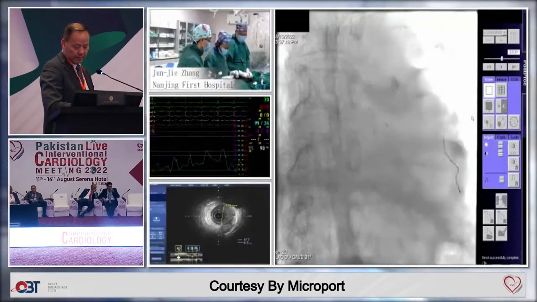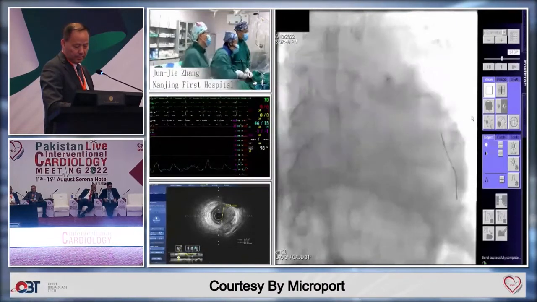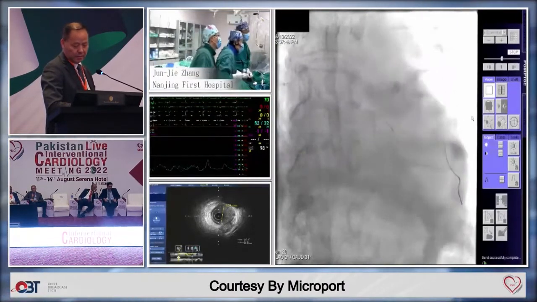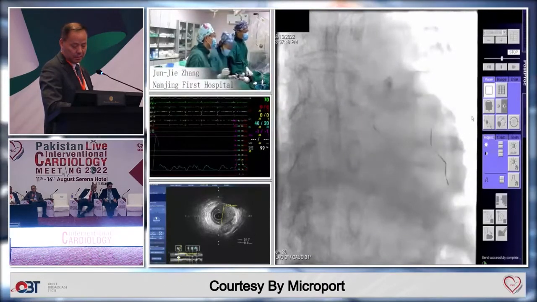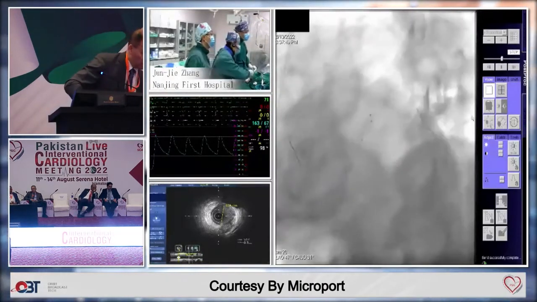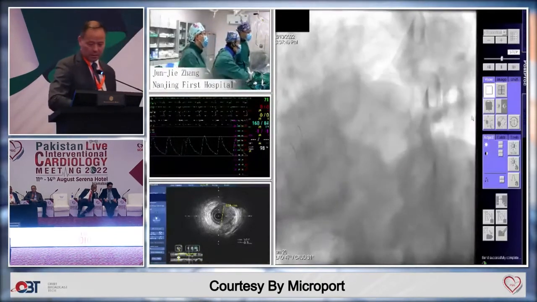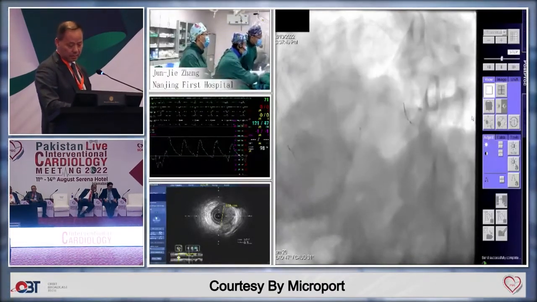Now I use a 3.25 NC balloon to do the post dilation of the ostial circumflex. Please go to the spider view. So at this time, we will be very cautious to avoid the 3.25 extending into the OM margin.